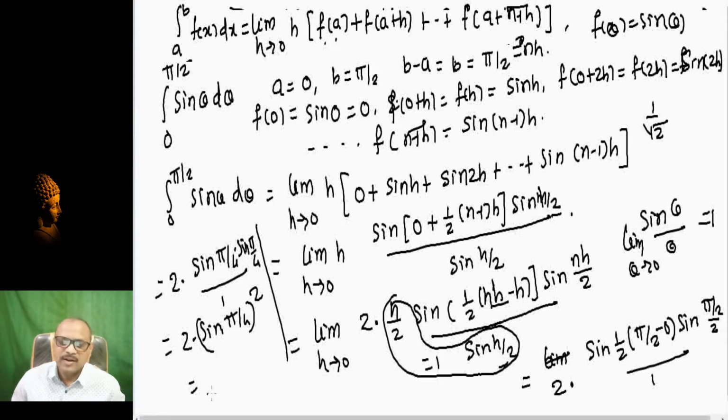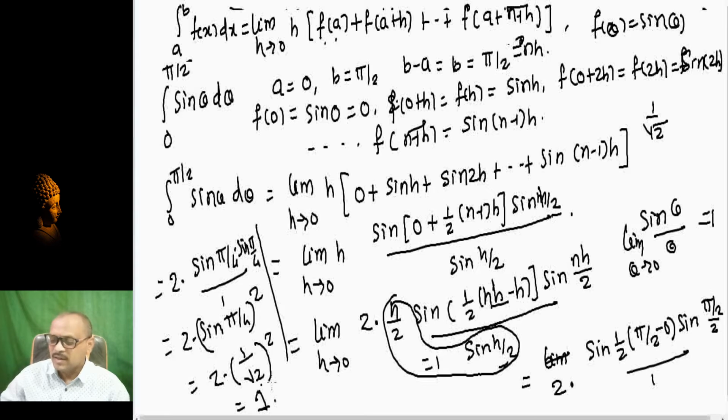So 2 into (1 divided by under root of 2) whole square, then root 2 squared is 2, and 2 and 2 get cancelled, and our answer is 1.